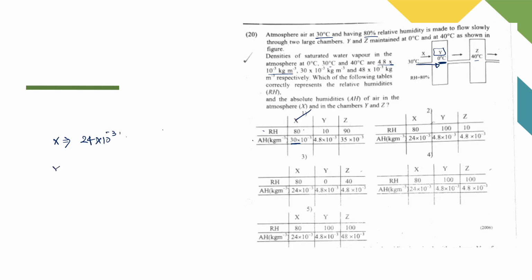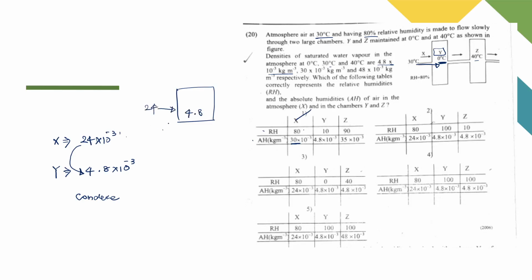But the maximum available space in Y is 4.8 into 10 to the minus 3. So whatever additional in 24 should condense, because think about that classroom, we only have space for 4.8 people, but 24 are trying to come in.